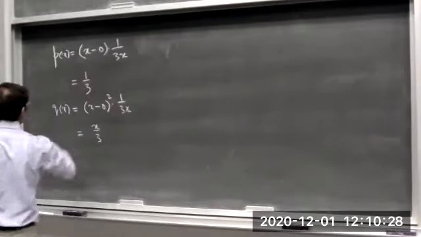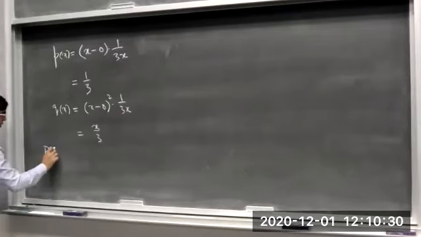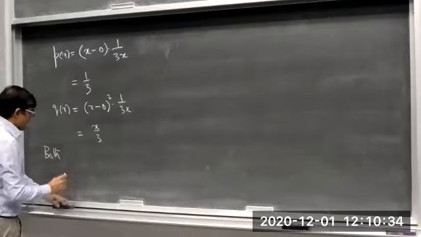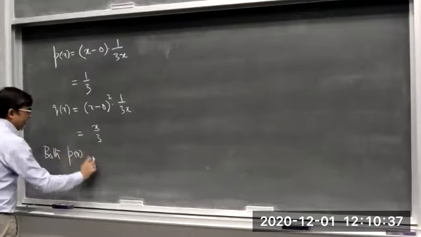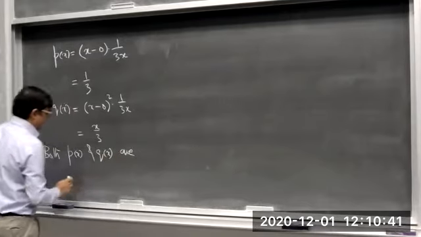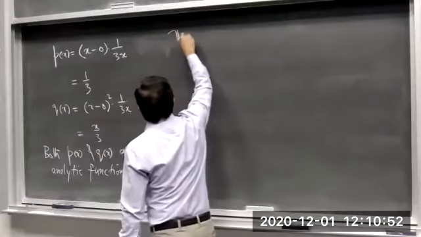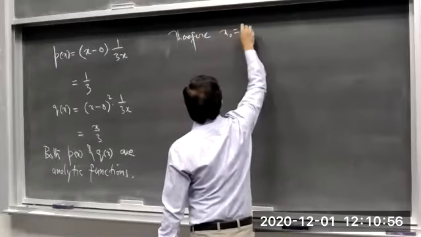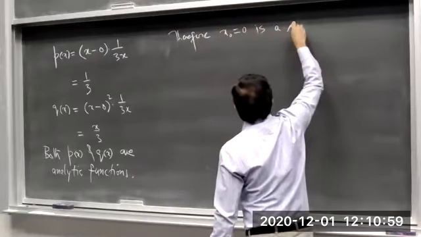So both p of x and q of x are analytic functions. Therefore, x naught equal to 0 is a regular singular point.